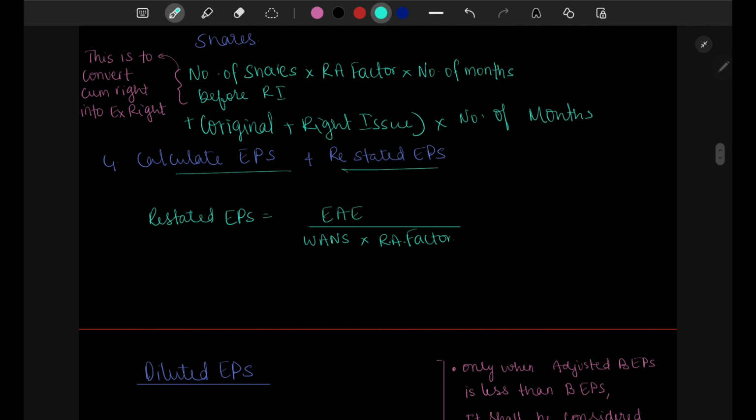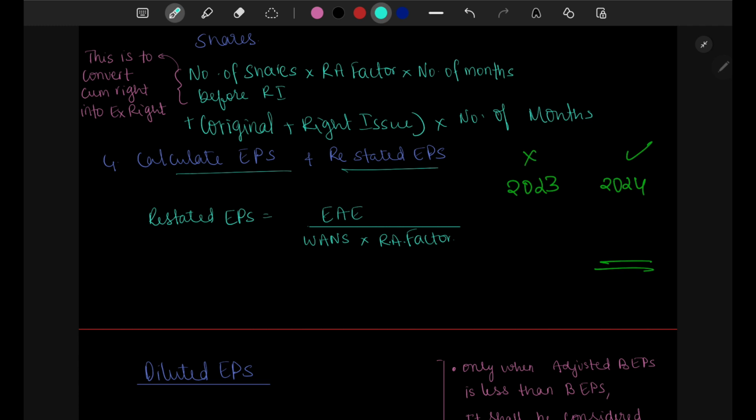Next, obviously you will calculate the EPS and the restated EPS. Why you have to calculate the restated EPS is because suppose in 2024 you have issued right shares, so there might be changes in your EPS. The comparison won't be true because there are right shares in one year but none in the other.